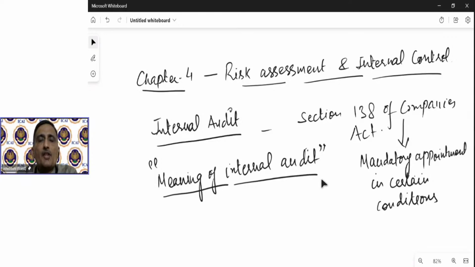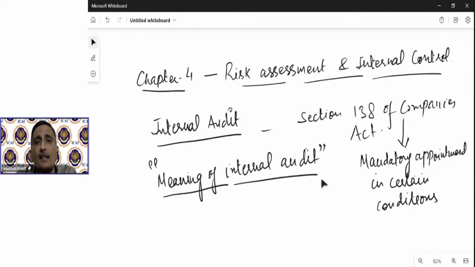Today we shall be discussing internal audit. Now, what is internal audit? You might have learnt a little bit of this term in some previous chapter, or you might have heard it, or you have just made a cursory glance over it. What does it mean?